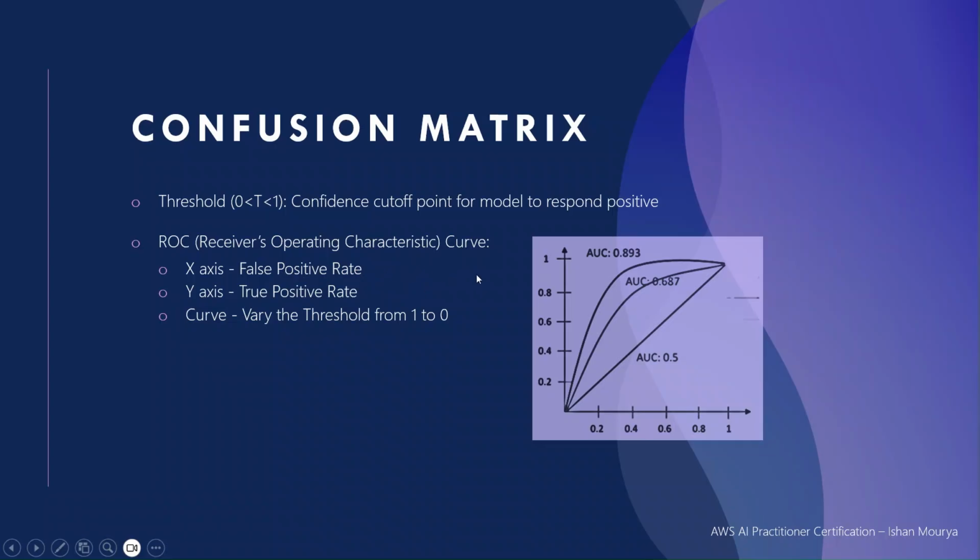True negative is zero, so it's false positive by false positive, that is one. Similarly, the true positive rate will come to 1. So when your threshold is 1, it's always 0, 0, and when your threshold is 0, it will always be 1, 1. The main curve is drawn between these points as the threshold varies from 1 to 0.